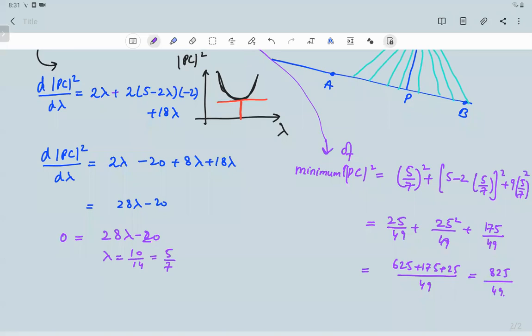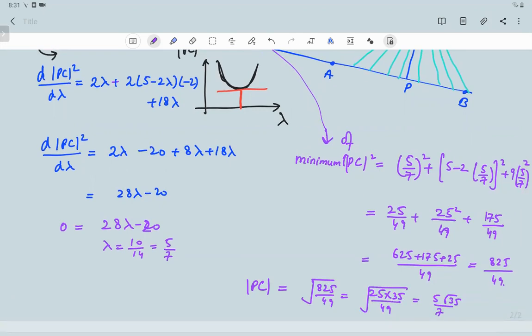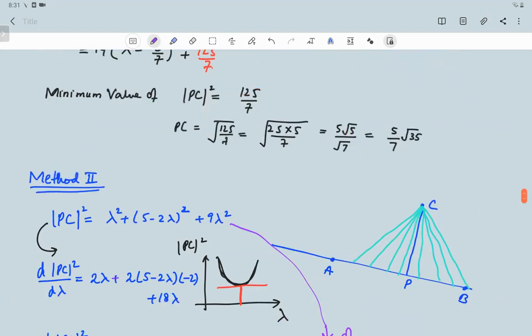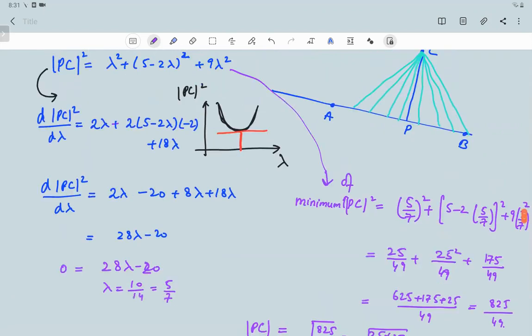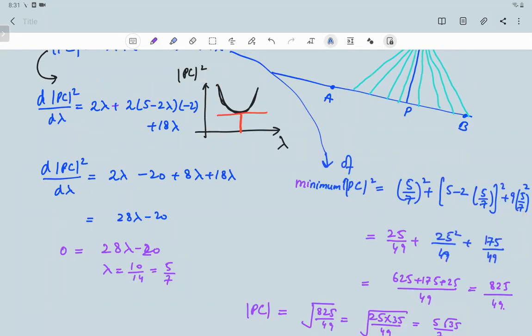And when you take the square root of this, PC comes equal to root of 825 over 49, and I think it's equal to 25 into 35 over 49 under root. And is this what we have calculated earlier? Perfect. Okay. And now we should convert everything into blue so that we can note that our second method is purely done in blue.